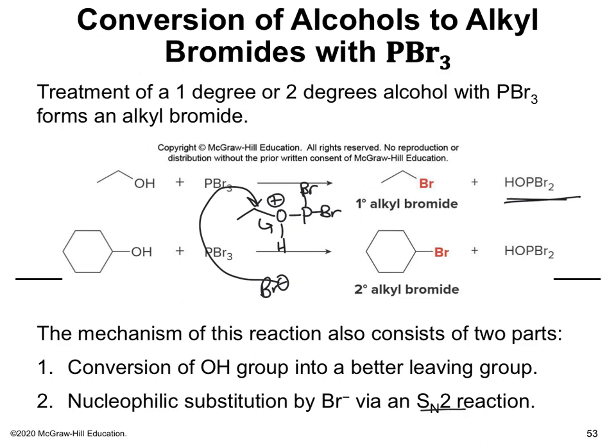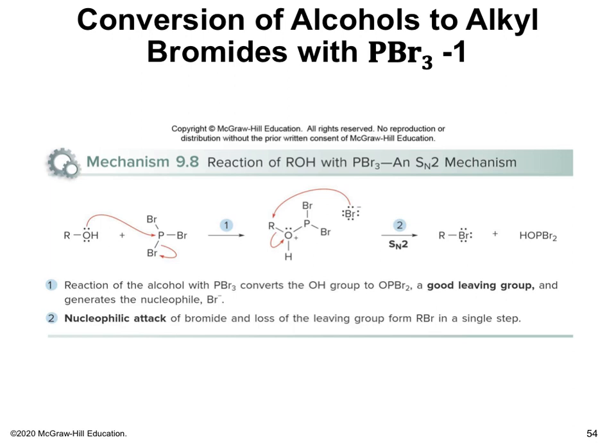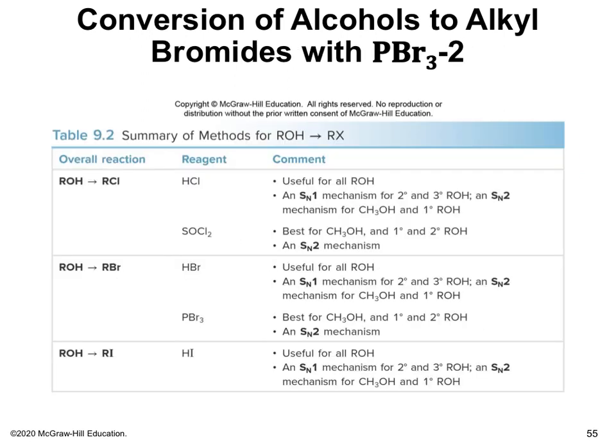So this also is an SN2 reaction where the PBr3 transforms the OH into this intermediate compound that also has the in situ nucleophile. So it converts the OH into this intermediate with a great leaving group and also has the nucleophile. And this is showing you that the OH attacks the Br, and then the Br minus turns around and does an SN2, where this becomes your leaving group to make now an alkyl halide.